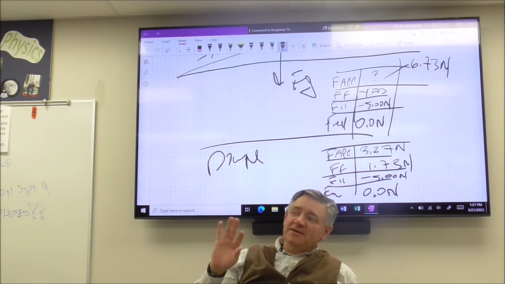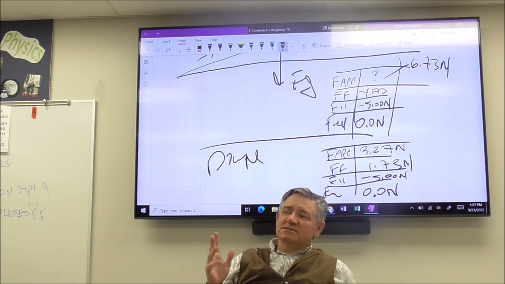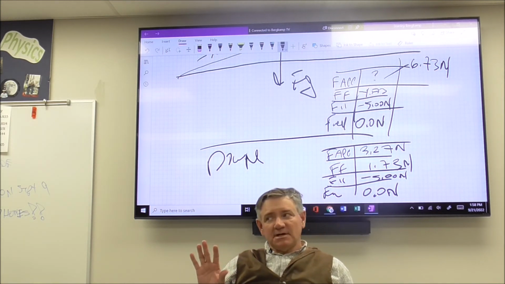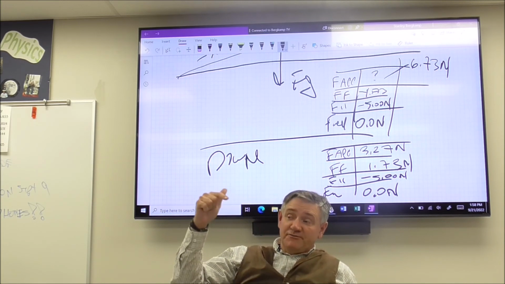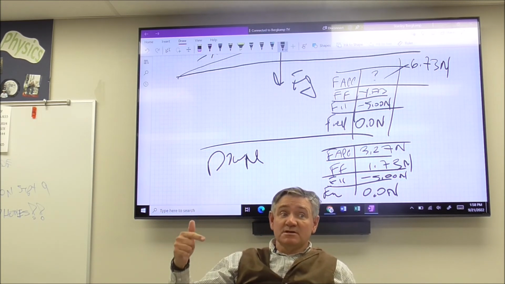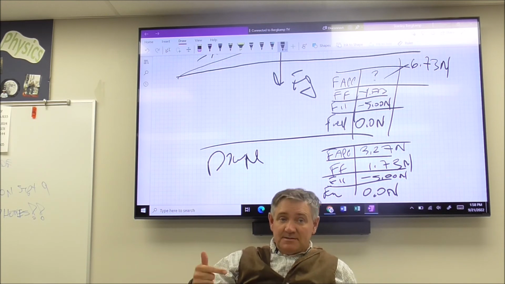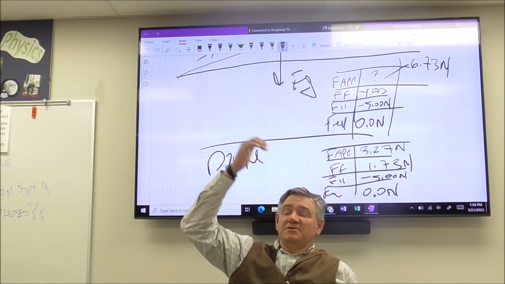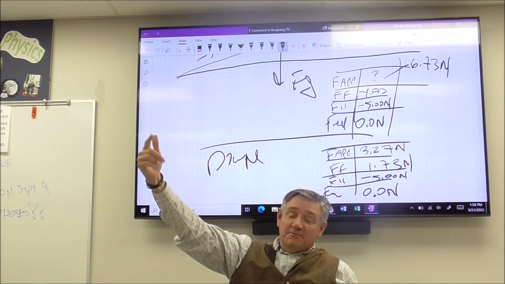So the Frictional Mafia can switch sides. Sometimes it's positive, sometimes it's negative. Kind of goes with the flow. But your force parallel, your gravitational mafia, is always a negative value. Okay? Got that? Literally, on these problems, either your net force equals 0 or it doesn't.